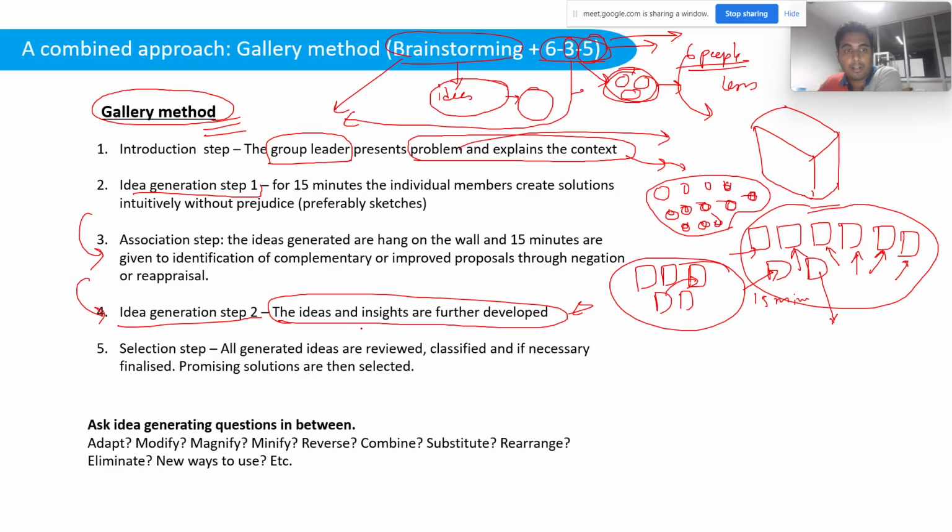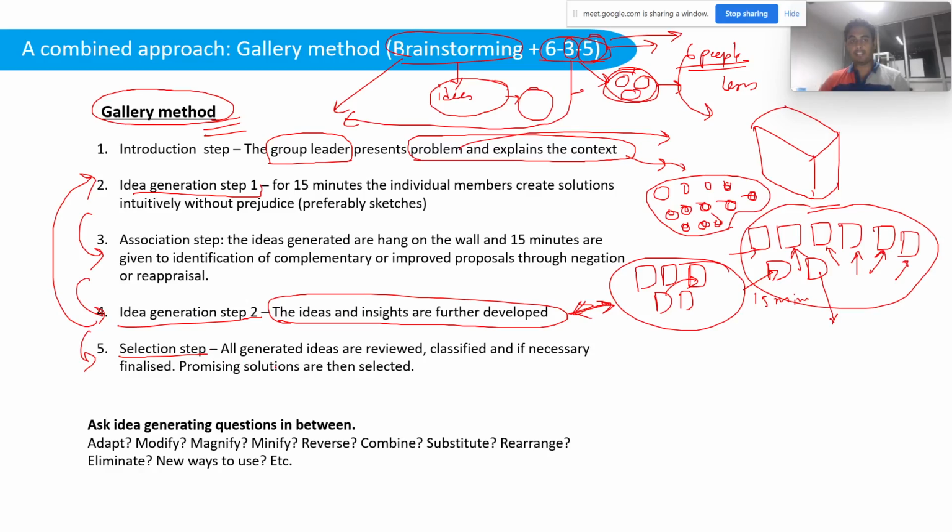This process can be iterated for multiple phases. We can go up to like the 10th step, depending upon the particular problem. If a problem is very complex, then you can go for multiple rounds. But if the team leader gets satisfied with the results, he can stop the session, stop the concept generation phase, and go for the selection step.